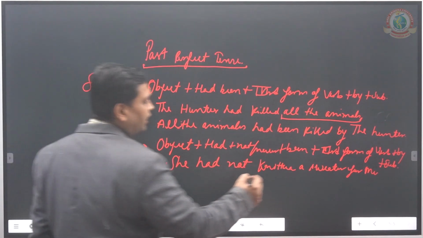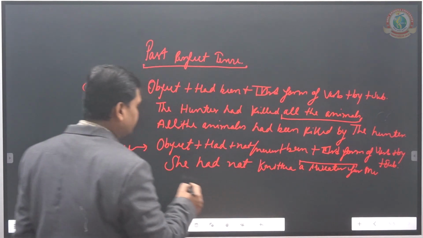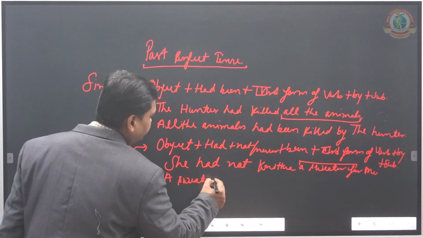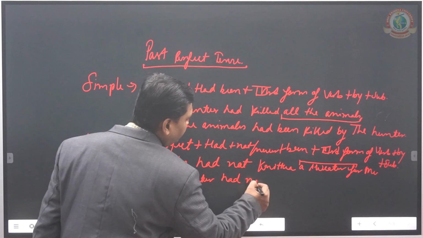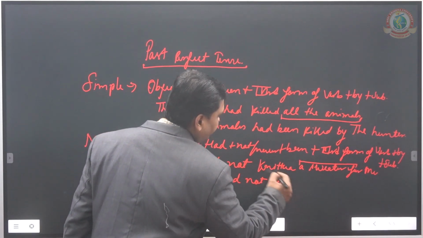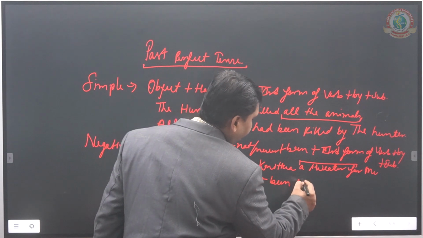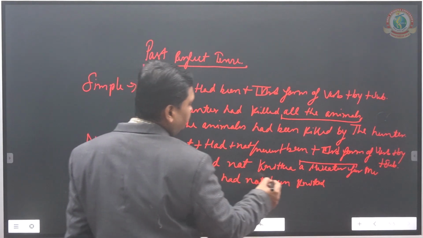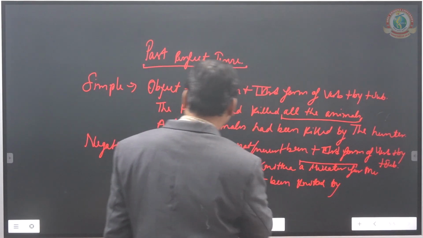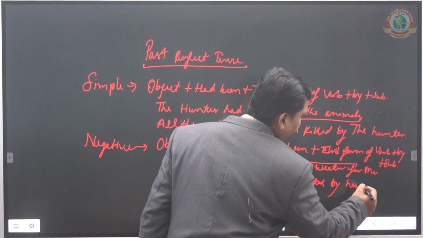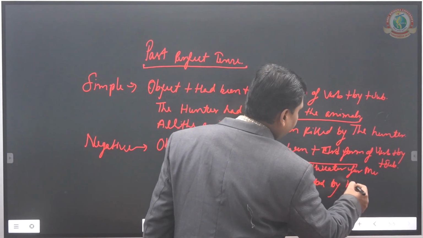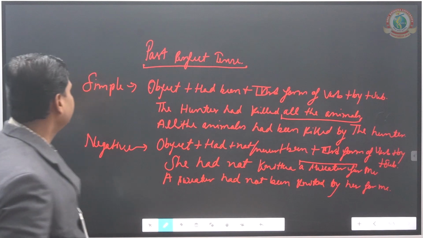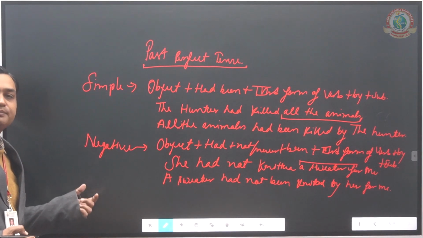So the object is a sweater. A sweater had not been knitted by, she would be changed in her, by her, for me. This is the simple and negative form of passive voice of past perfect tense.